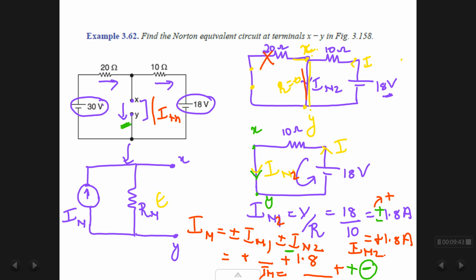It only indicates that whatever direction of current you have taken over here has to be changed. So if your answer is plus, when you're showing the current source, you have to show it in the upward direction. If your current comes to be minus, you have to show it in the downward direction. So this sign will determine which of the two directions you give over here.